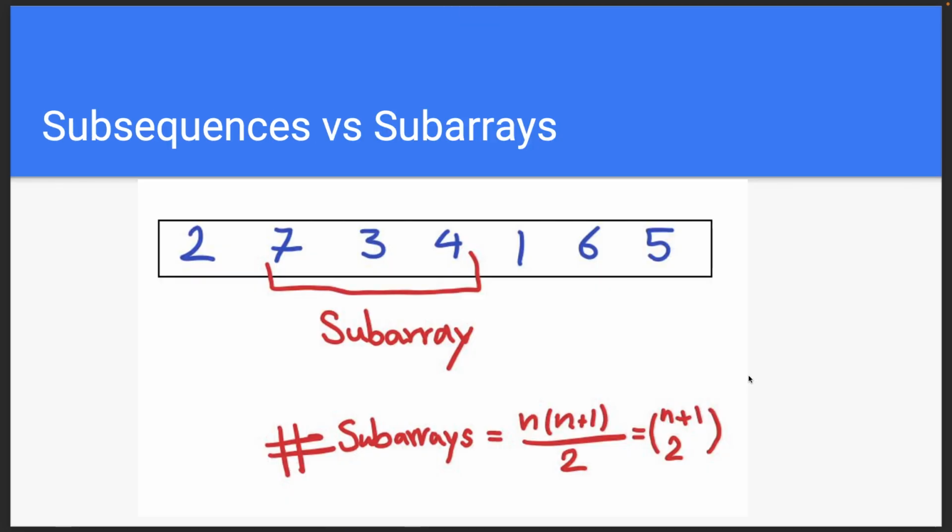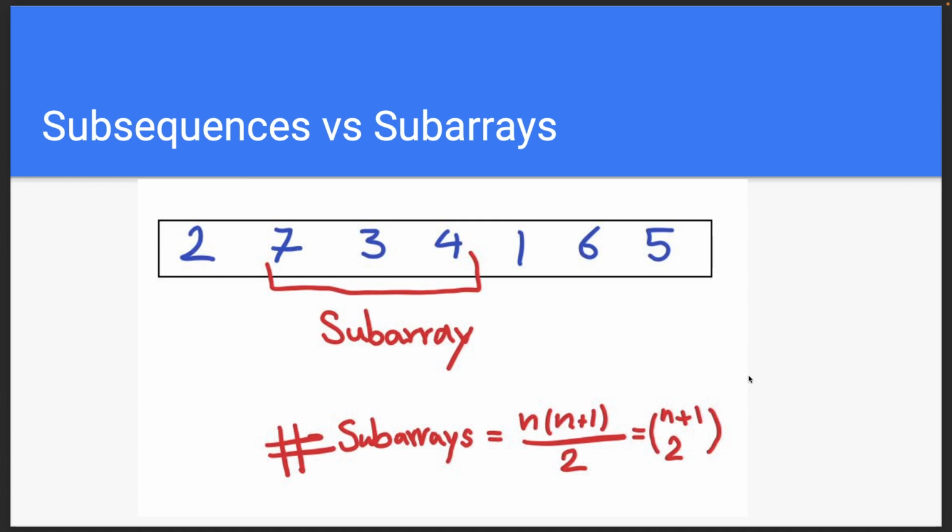Okay, another problem. Number of subarrays of an array. A subarray is an array which is contiguous, so every element comes right after each other. You choose a block partition, something like that.